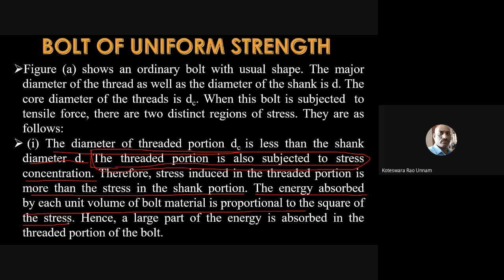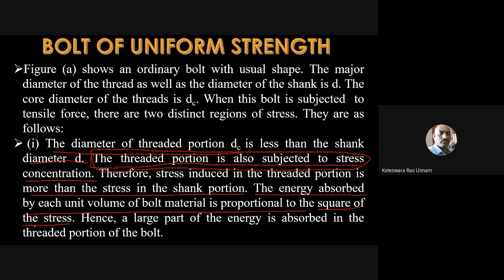If you write the expression for that, you will see it is a function of the square of the stress. If you recall your fundamentals of resilience, or energy absorbed because of applied load, you will get that function.